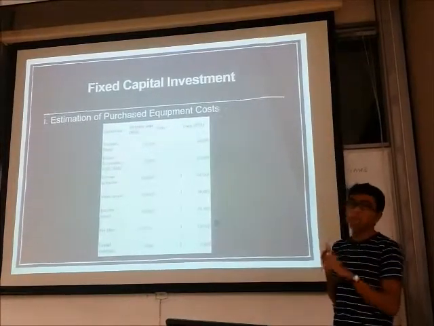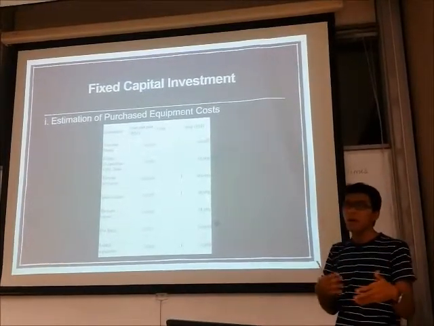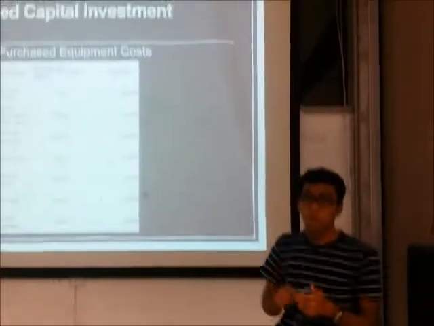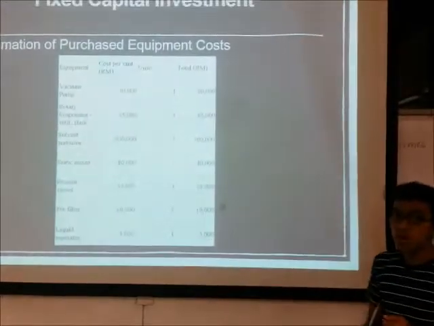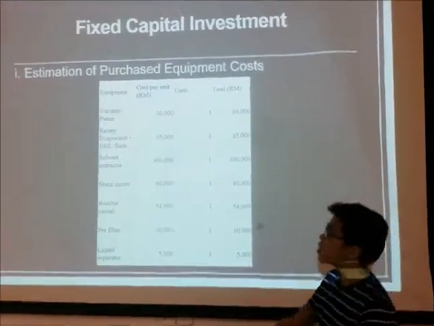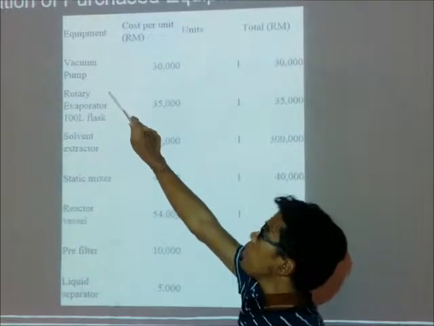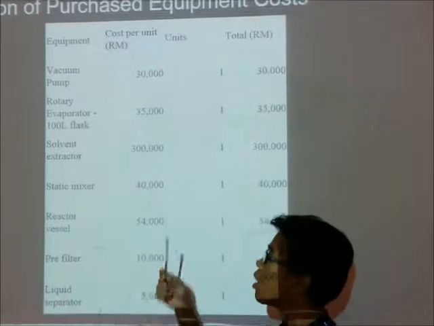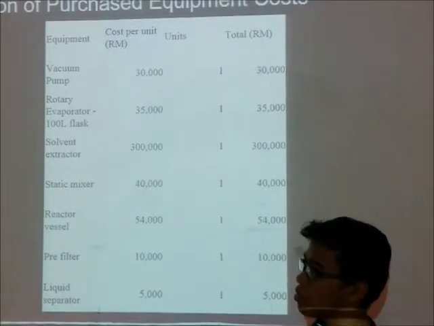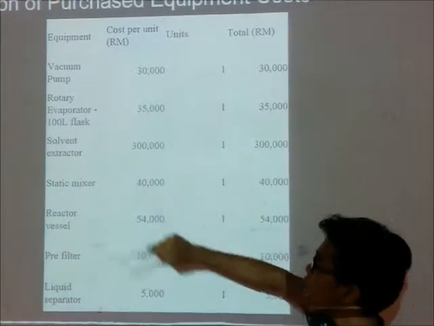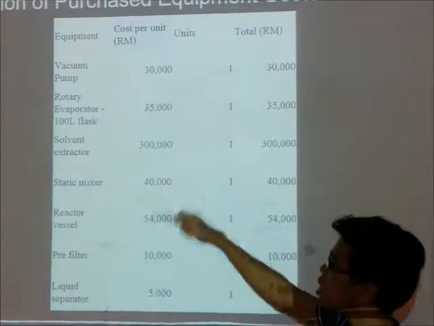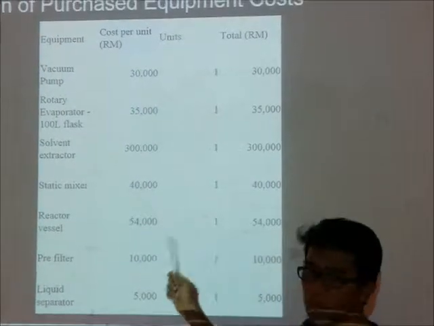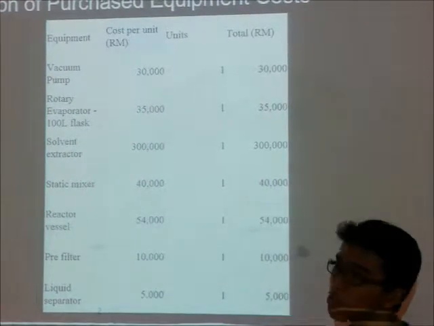Okay, first, fixed capital investment is divided into a few parts. First is the estimated purchase equipment cost. Now in our plant we did purchase a vacuum pump, which costs around 30,000, and a rotary evaporator 100 liter plus, nearly 35,000, and solvent extractor 300,000, static mixer 40,000, and reactor vessel 54,000, and pre-filter approximately 10,000.